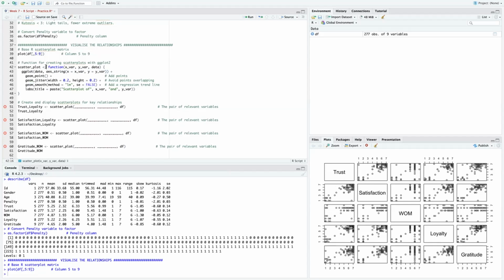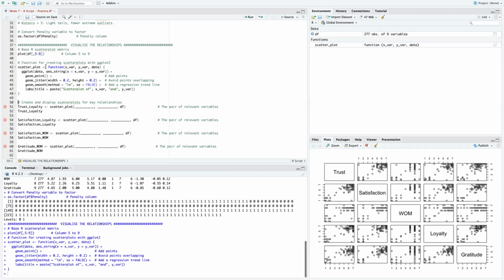Right. Don't forget to run the code. Good. Now, you already have the general function to create the scatter plot. And we save that function in an object called scatterplot, right?